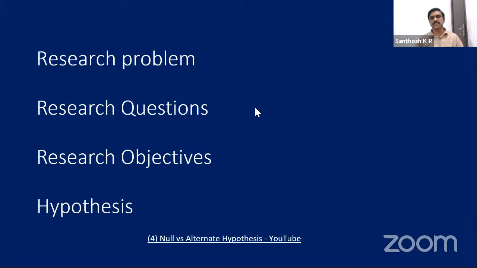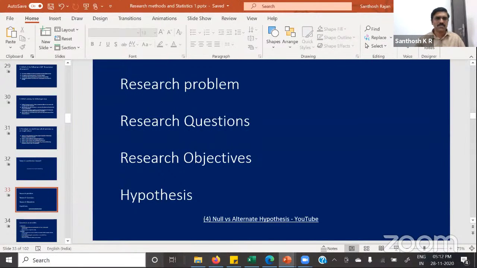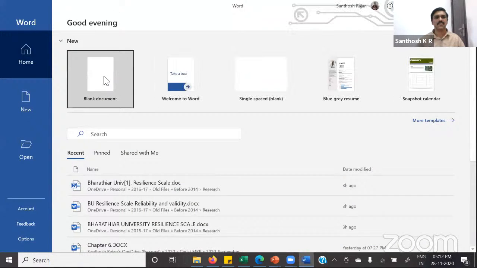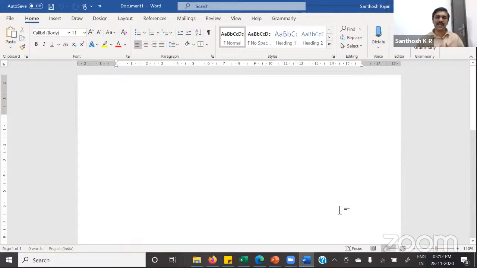Now, for our orientation, we'll try preparation of one objective and problem, and see how to do it. I will open a Word file now. The problem can be anything which makes us curious to find out.